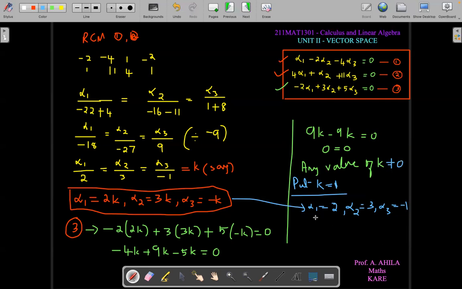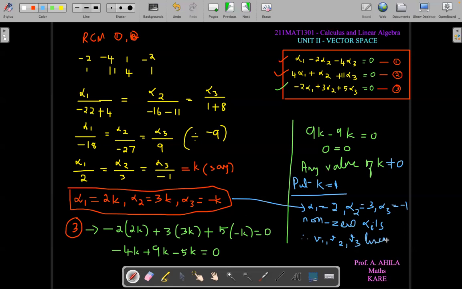Now we are getting the alpha i's not equal to 0. We are getting non-zero alpha values even though the linear combination goes 0. Therefore, we can say our V1, V2, V3 are linearly dependent.